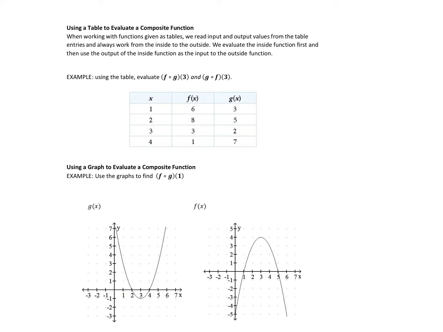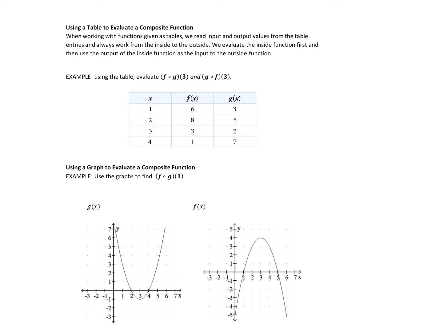So to get started, how do we use a table to evaluate a composite function? For example, below, we have f composed with g of 3 and g composed with f of 3. Those are two different things.